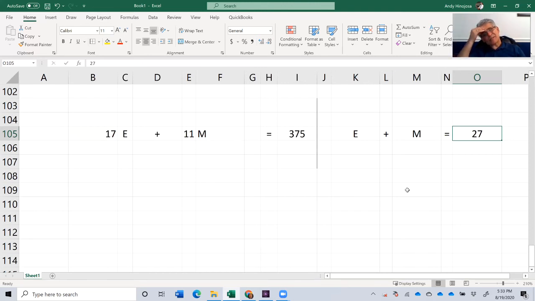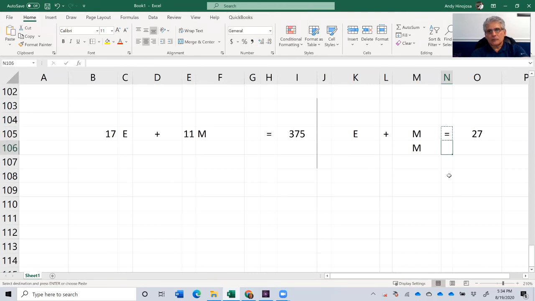So at this point in time, I have to isolate one of these so that I can combine like terms. We could do either one, but let's go ahead and isolate the maples.